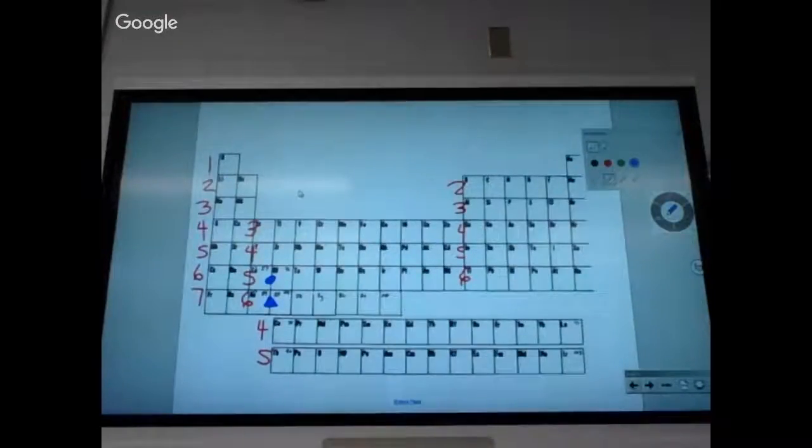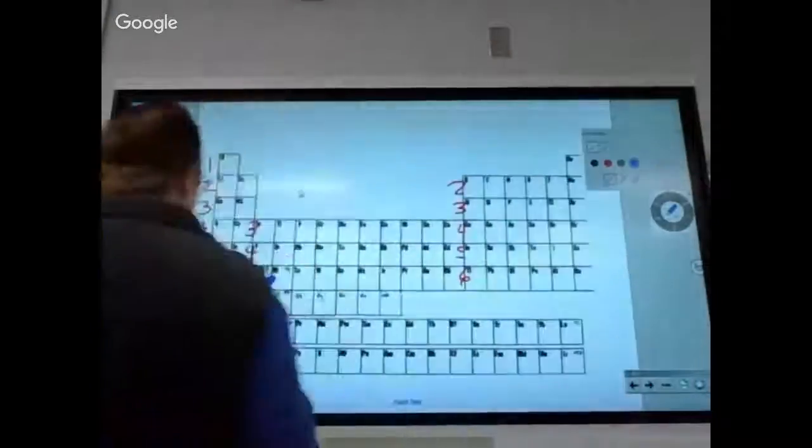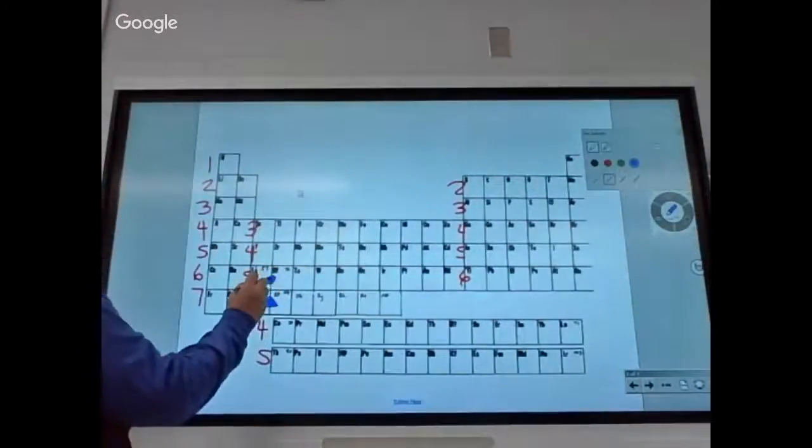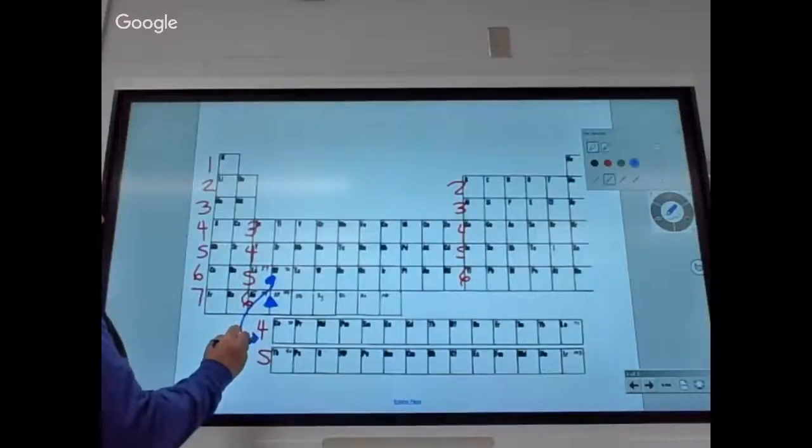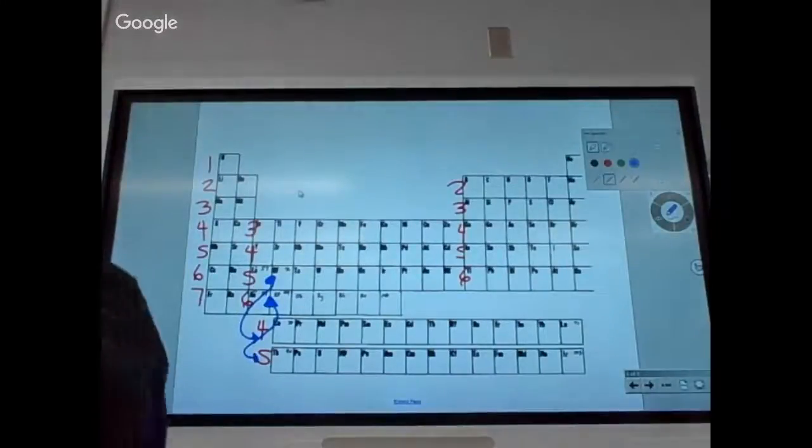And at Hf, it says 72. Some genius decided the periodic table was too wide, and they cut it apart, cut out the f block, stuck it at the bottom, and shoved the periodic table back together. I can't fix that for you. So when you get to this blue dot, you have to cruise to the bottom. When you get to the triangle, you have to cruise to the bottom. If you would like to draw that in on your table, feel free.